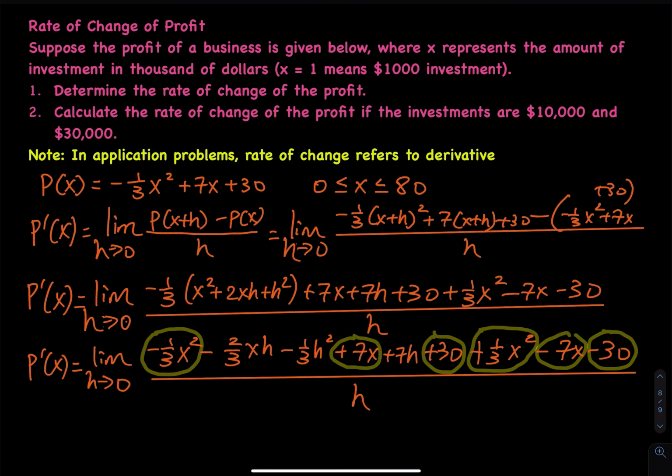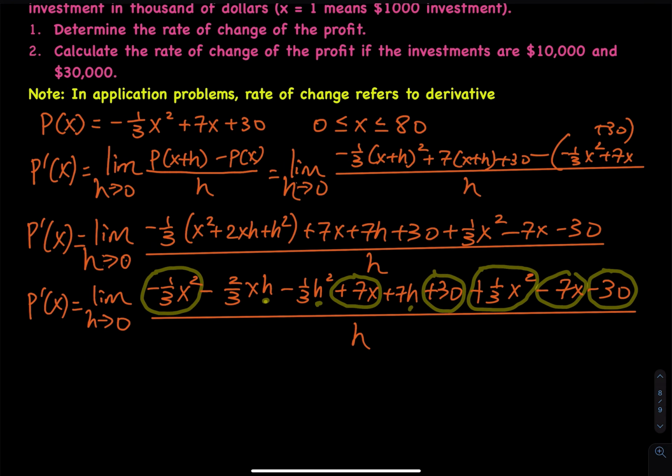So each of the remaining terms has an h attached to it, right? We have an h right here, and an h right here. And then the next step is you factor out that h. So let's do it. p prime of x equals the limit as h approaches 0.